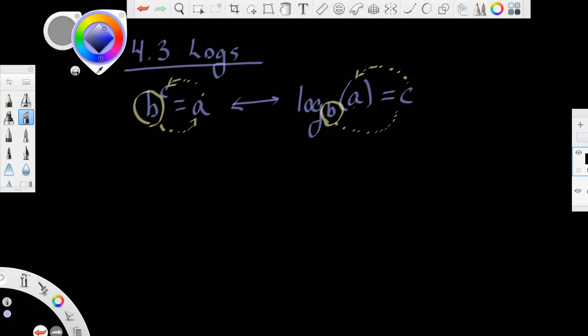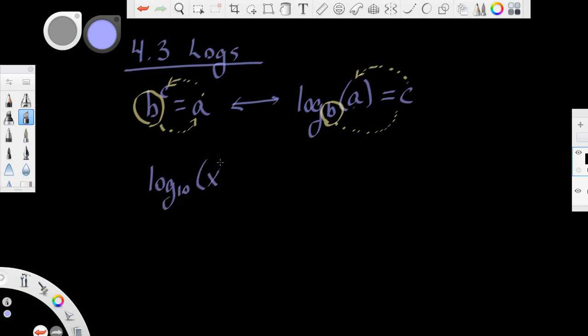Now, the other thing I wanted to point out before we get started on some examples is that there are two important logs. One of the logs is log base 10. Log base 10 is used so often in science because of the metric system that it actually gets its own notation. This is referred to as just log of x.